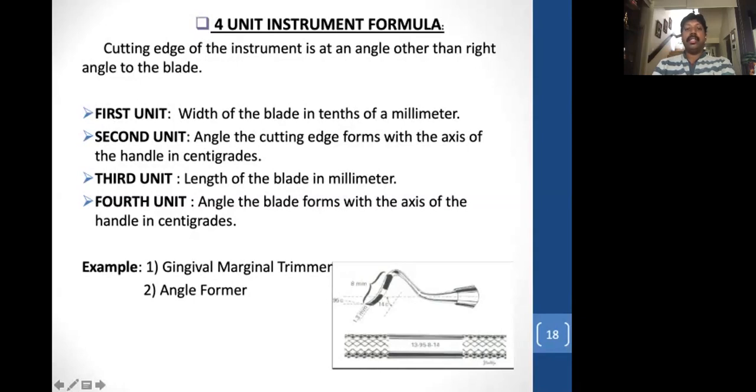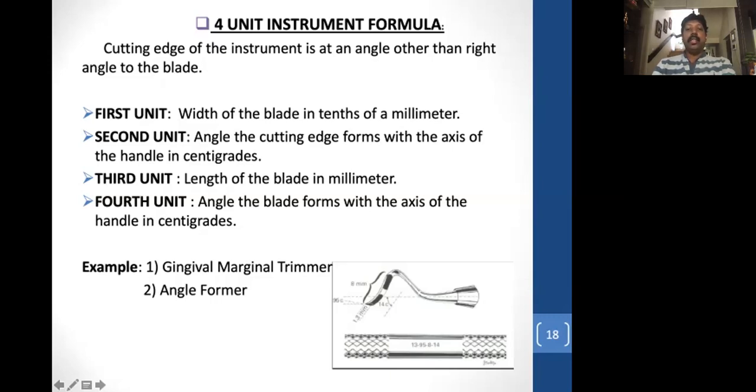Remember this, angle of cutting edge forms with the axis of the handle in centigrade. Fourth unit is the angle of the blade. You understood the differences? The second unit is angle of cutting edge. Fourth unit is angle of blade. क्योंकि angle of the blade is with the handle, that is 14.